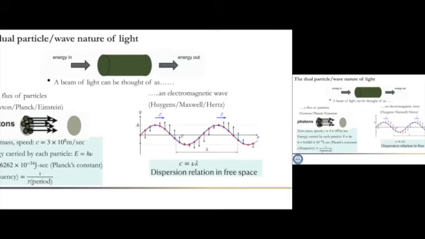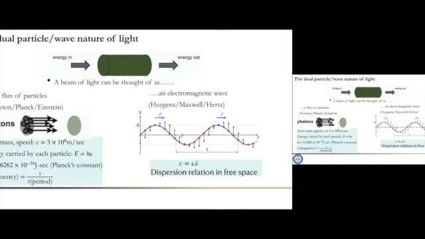So one of the things that I mentioned already is that the dual particle wave nature of light can be pretty confusing. And it in fact confused some very brilliant and famous scientists such as Newton and Huygens, who were feuding about this back in the 17th century.